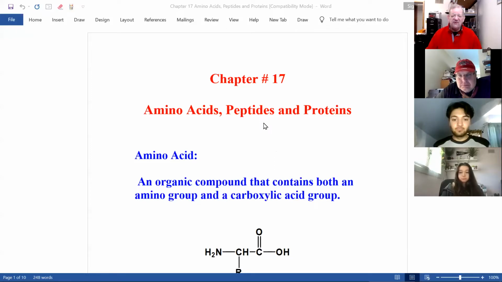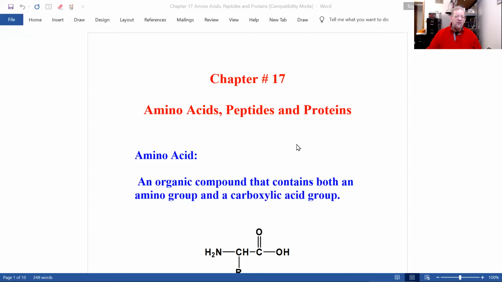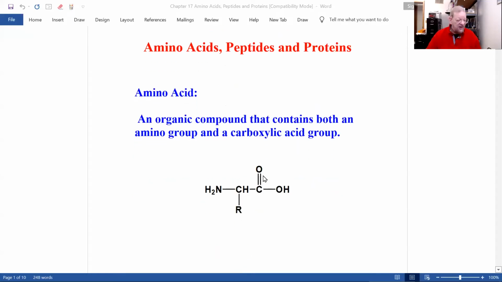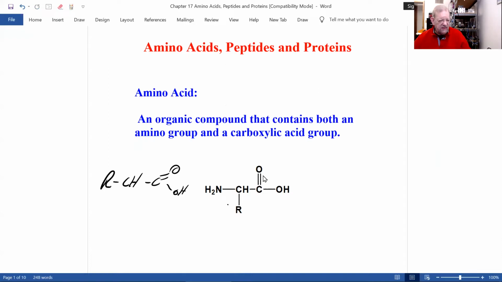All right, just want to go through this again real quick. Everybody see chapter 7 on the screen? Thank you. All right, what's an amino acid? It's a compound that has both an amino group and a carboxylic acid. And a better way to draw it is this.